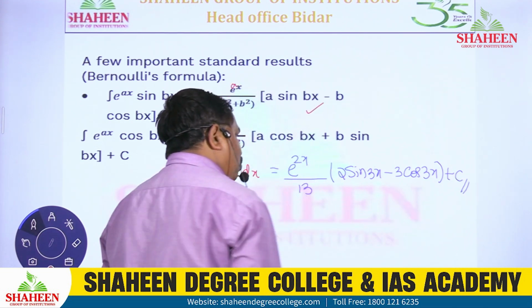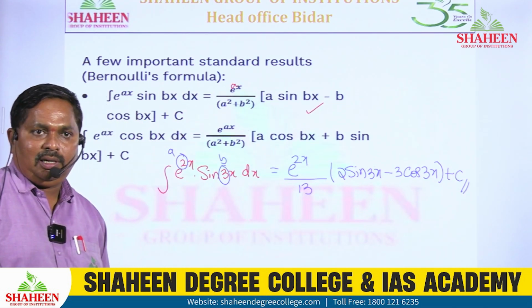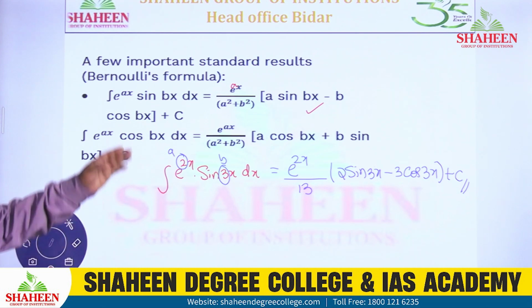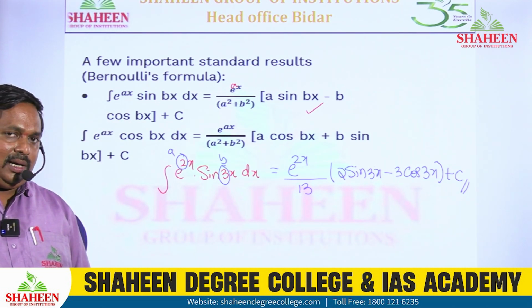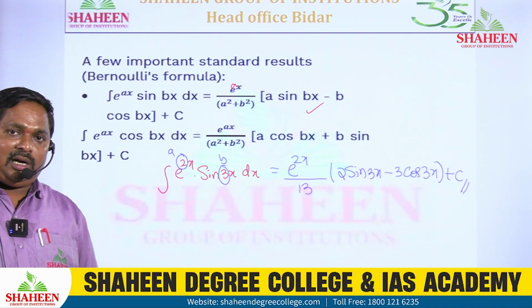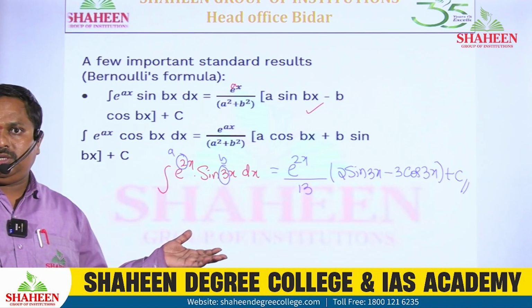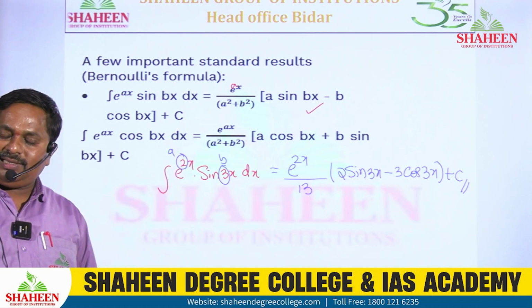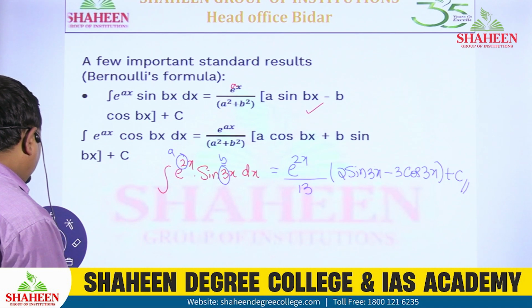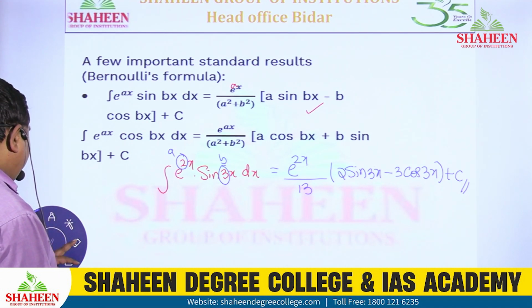So in one step we can answer the given question using Bernoulli's formulas. If you remember this formula, within 30 seconds we can answer this kind of problem. So formulas are very important in this integration. Okay, let us move to the next problem.